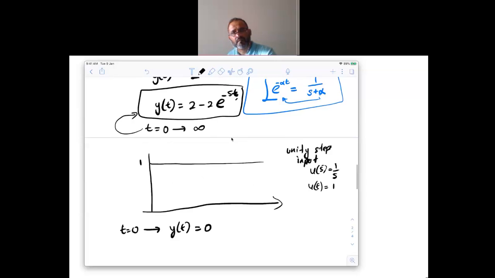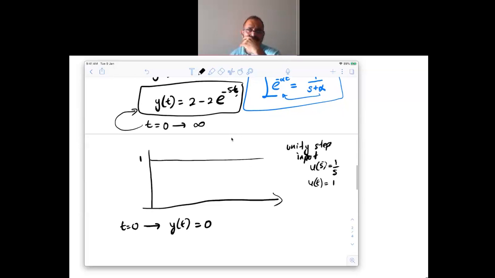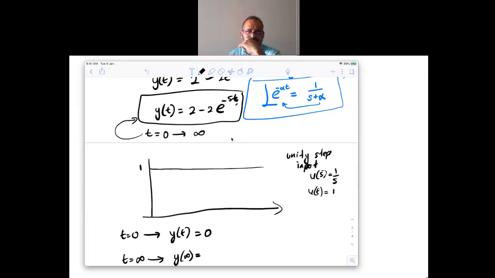Okay? And then there's another value that you're going to put, when t equals infinity, what happens? Then when you have y(infinity), that is going to give you, when t is infinity, the exponential of infinity is, what is the exponential of infinity?